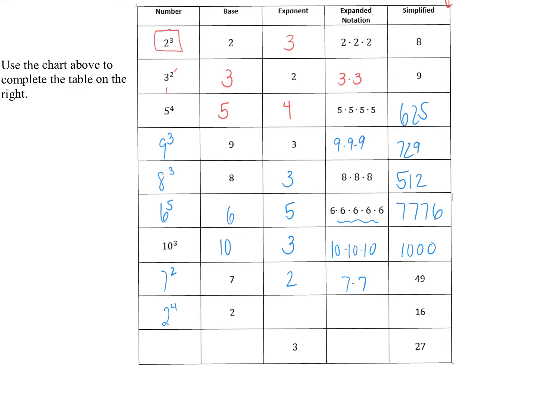This one's 2 to the 4th, where my exponent is 4. 2 times 2 times 2 times 2. And the bottom is 3 cubed. Okay? So that's the front page. That's super important, okay? I want you to flip over to the back, or the next page.